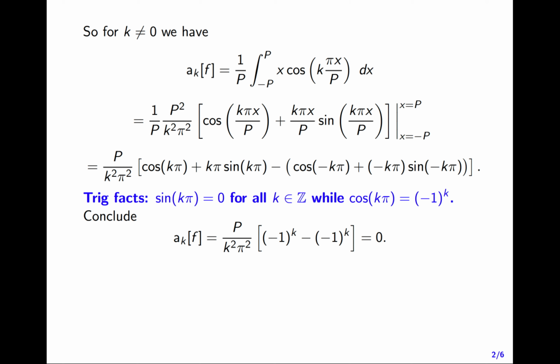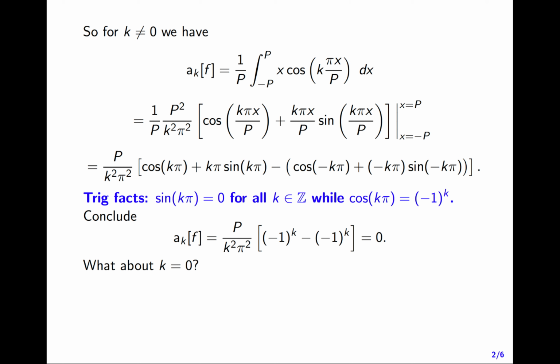So the integrand, the product, x cosine of k pi x over p, is odd. The integral of an odd function over a symmetric interval minus p to p is always 0. This is a good way to check your work by seeing a different property of the integral. And you're welcome to use these tricks for evaluating integrals and not actually do antiderivatives whenever those tricks apply.